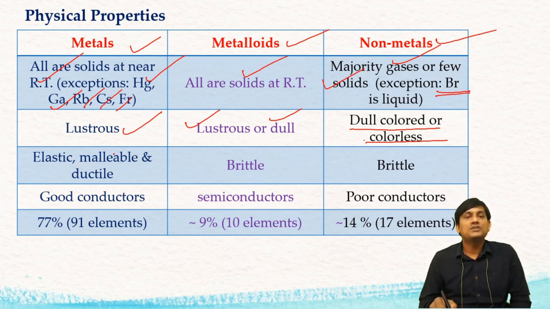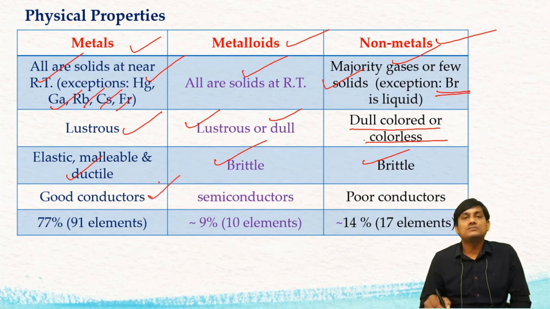They can be converted into sheets, so these are malleable. And they can be converted into thin wires, so these are also ductile. But metalloids are brittle. When you hammer the metalloids, they shatter into different pieces. Non-metals are also brittle in nature.